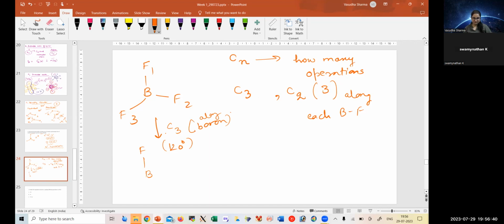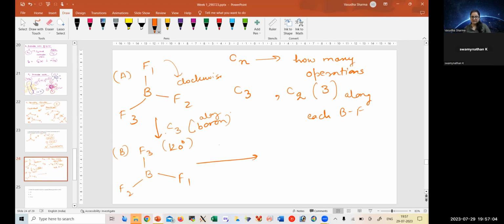Go by clockwise. F3 should come. So F3 will come here, this will come as F1 and this will be F2. That is 1. Now if you see images A and B, are they identical? They are not identical but equivalent. Equivalent, so that is okay, right?